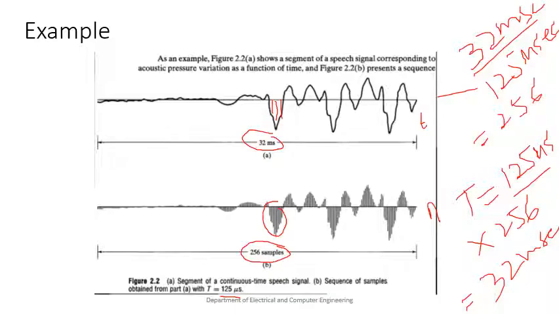Or alternatively, if you multiply the time by 256 samples, you will get 32 milliseconds. Okay, so there is an example of how you obtain samples from the time. So here we have talked about three things: the total time of the signals, the samples, and the periodic sampling time.